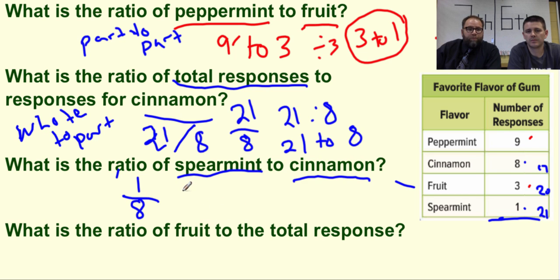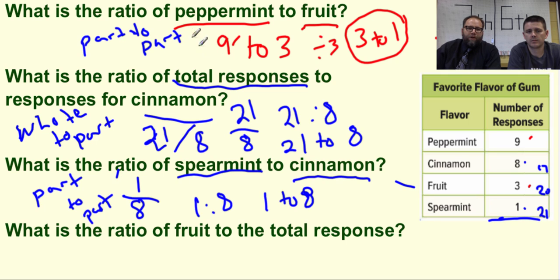It's 1 piece of spearmint to 8 pieces of cinnamon. Write it 3 different ways. Is it simplifiable? Nope. So we're good to go. When we look at it, it is a part, because it's spearmint, and we're comparing it to another part, which makes it a part-to-part ratio.